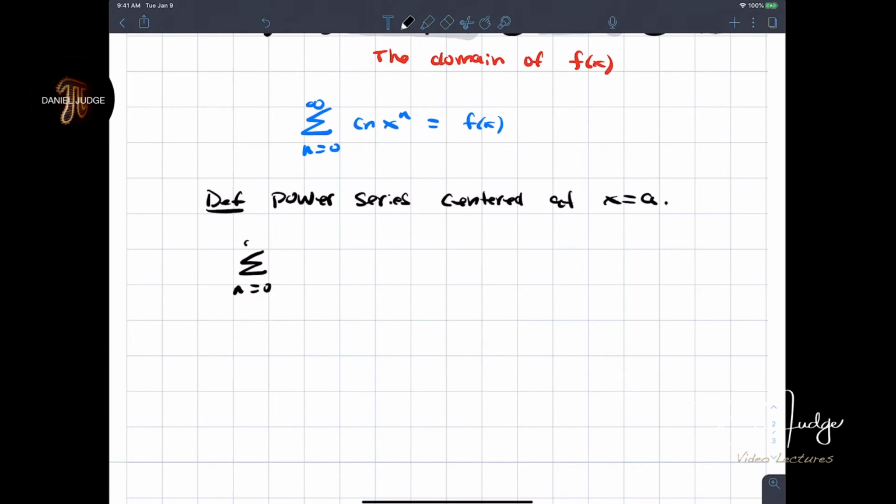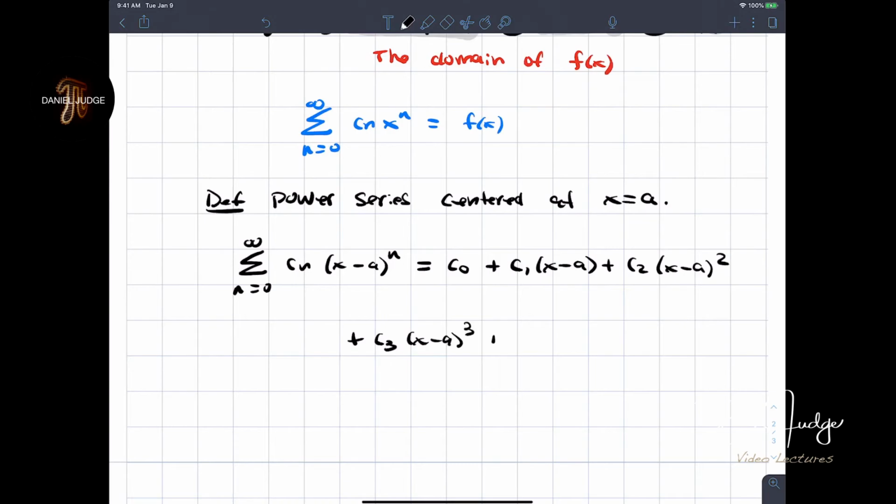The sum from n equals 0 to infinity of Cn times (x minus a) to the n, which really, when you start plugging in the values, you get C0 plus C1 (x minus a), plus C2 (x minus a) squared, plus C3 (x minus a) cubed, and that goes on forever. So the center, we say, of this power series is a, and you have it right here.